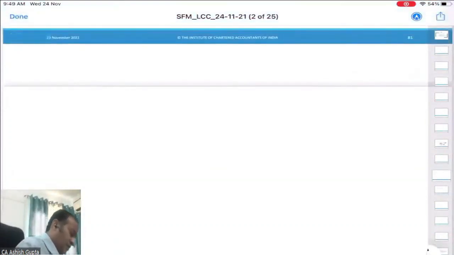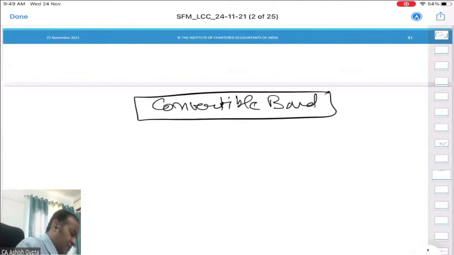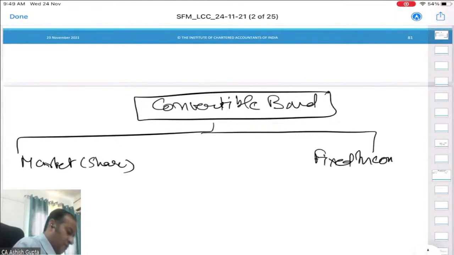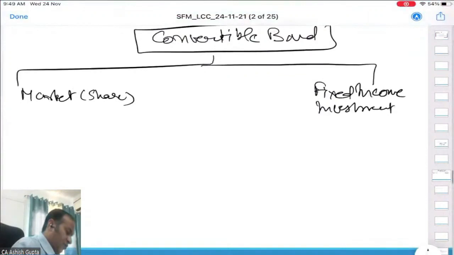It is my own presentation. When we talk about the analysis of a convertible bond, it can be viewed from the share market angle or as a fixed income investment.